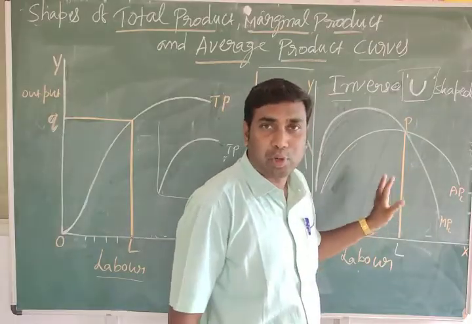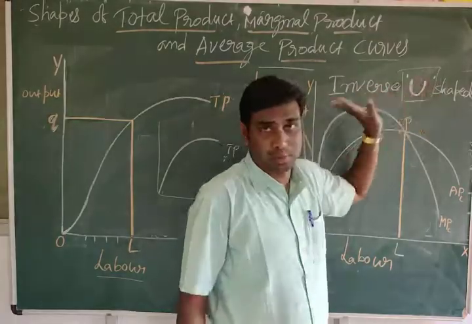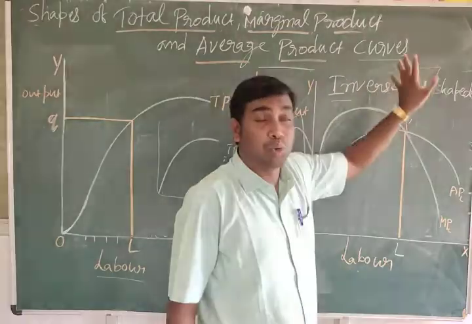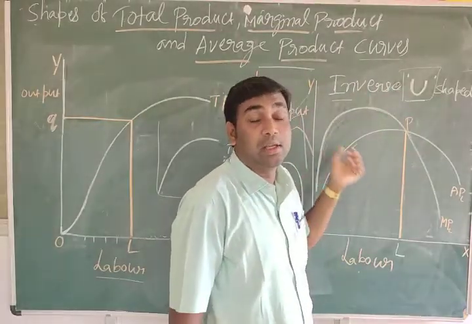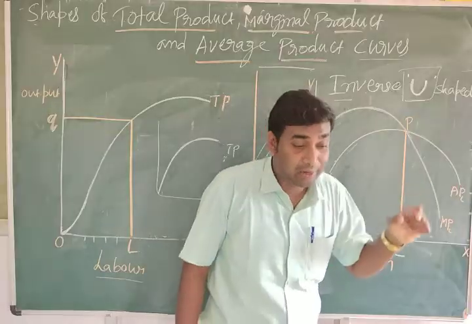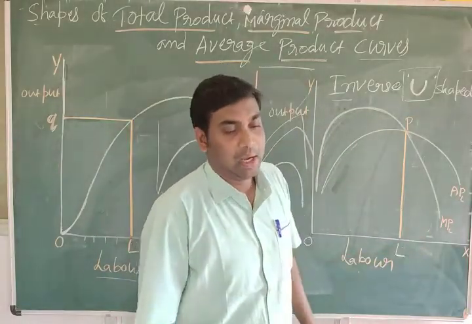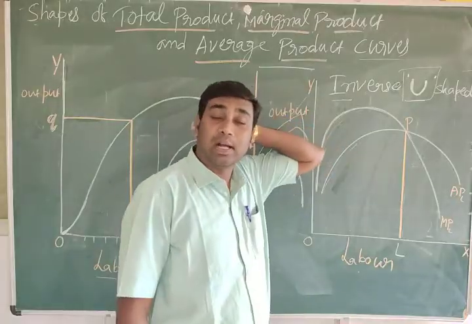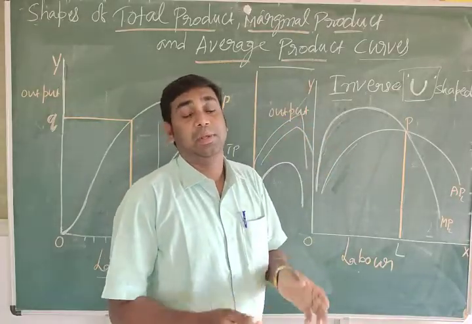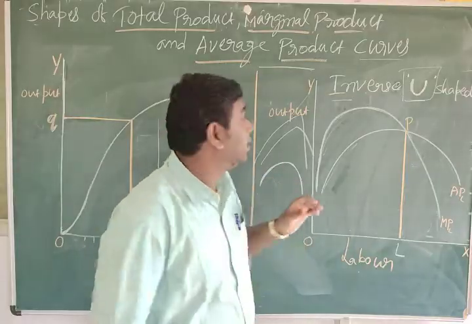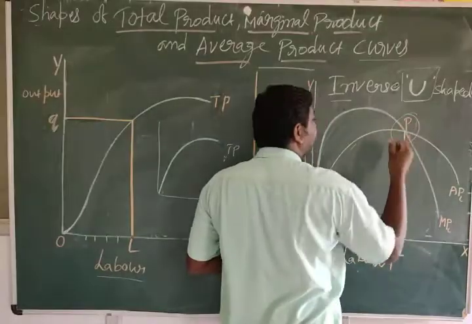The average product curve is also inverse U shaped. Here you have to understand that marginal product and average product are both inverse U shaped, and the MP curve cuts the average product curve at its maximum point.